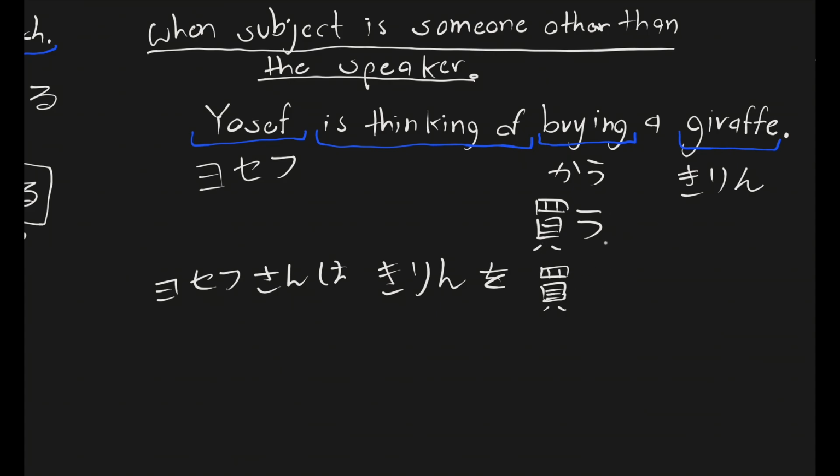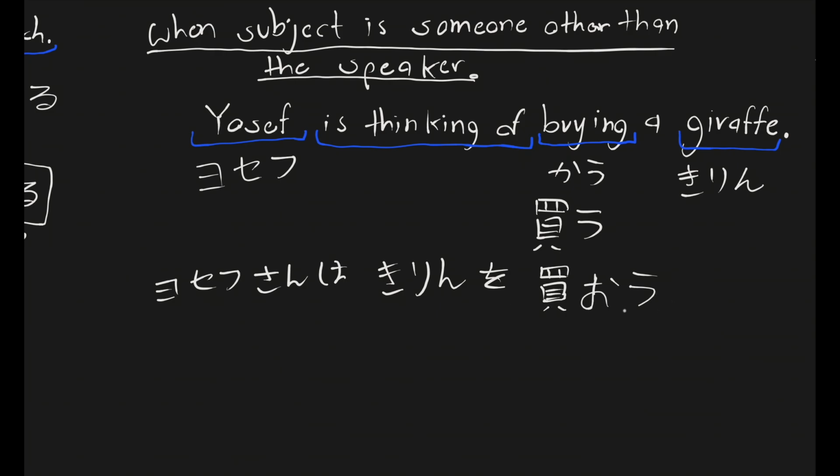So the volitional form of kau would be kaou, a longer o sound. So it goes from kau to kaou. Maybe not that exaggerated, but it kind of helps to exaggerate to understand that they're not supposed to sound the same. This is supposed to be an extended version of the o sound at the end. It's a little slight, but you'll be able to hear it with practice.